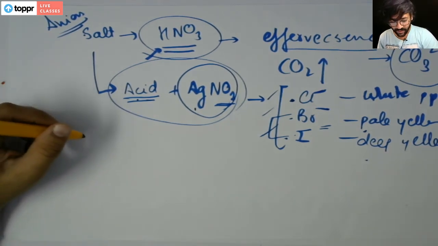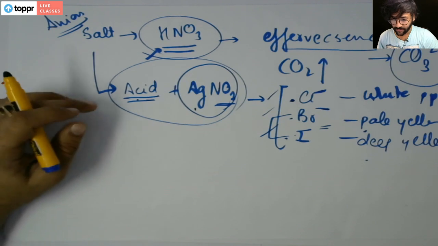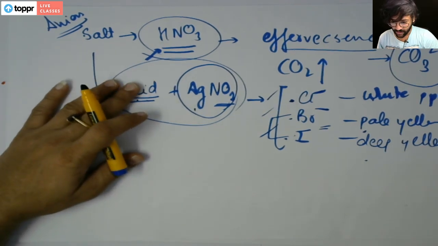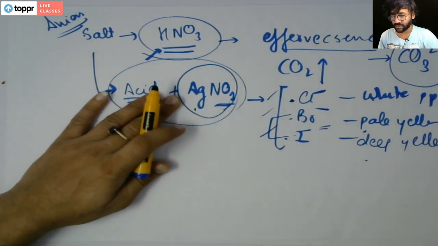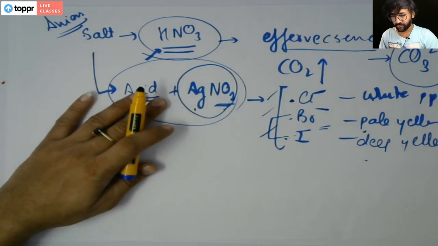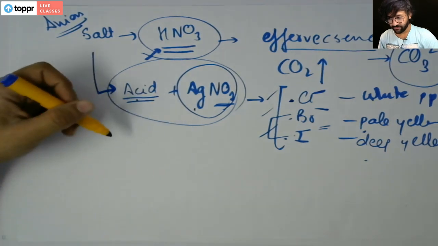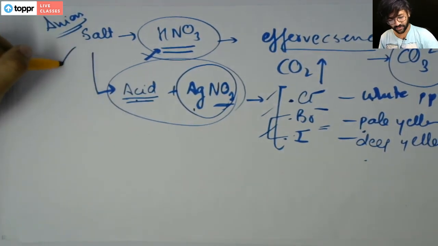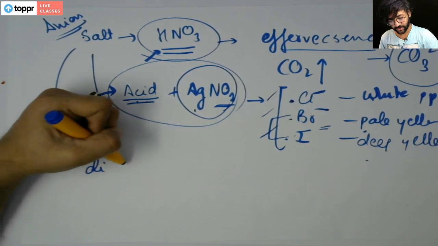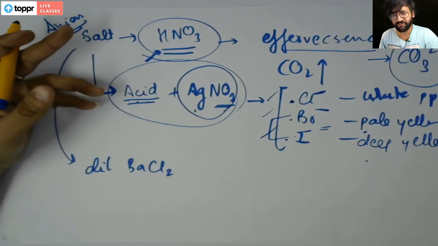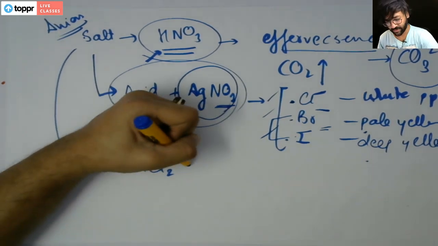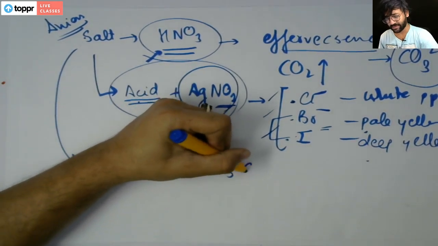Okay, moving on. If let's say this has not solved our problem, then what do we do? Simply we add to the salt dilute barium chloride or barium acetate, a salt of barium. Basically we can use anything for that purpose.